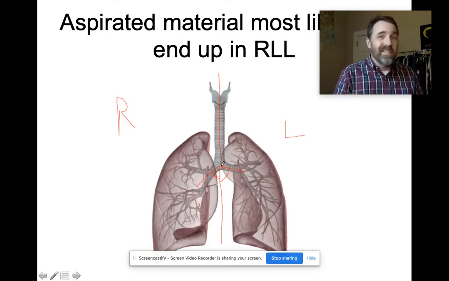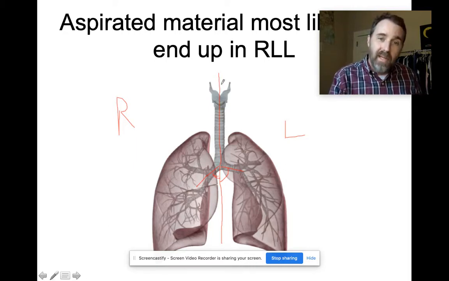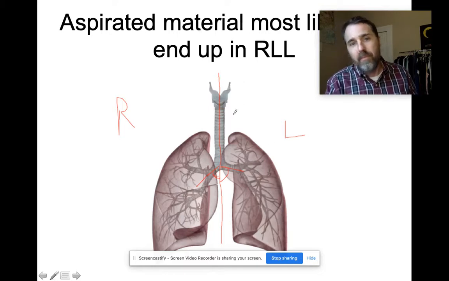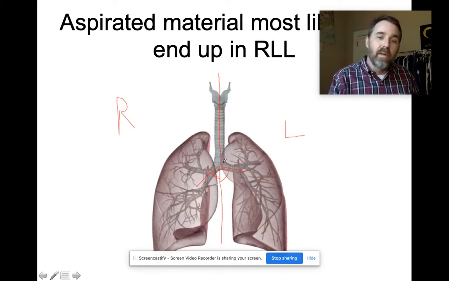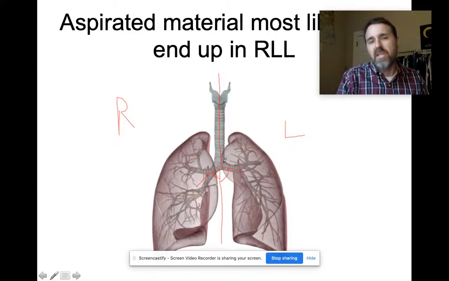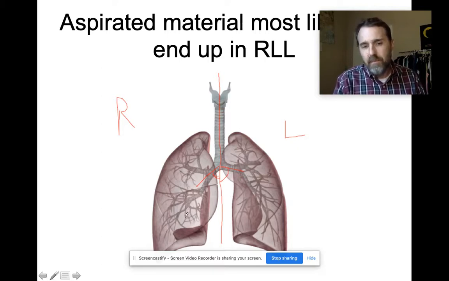Which of these things is it most likely to do? If you were to take a ping pong ball and drop it down a tube like that, odds are it's not going to take a sharp left. Not all the time, but on average, it's more likely to take the less sharp angle and end up in the right lung.